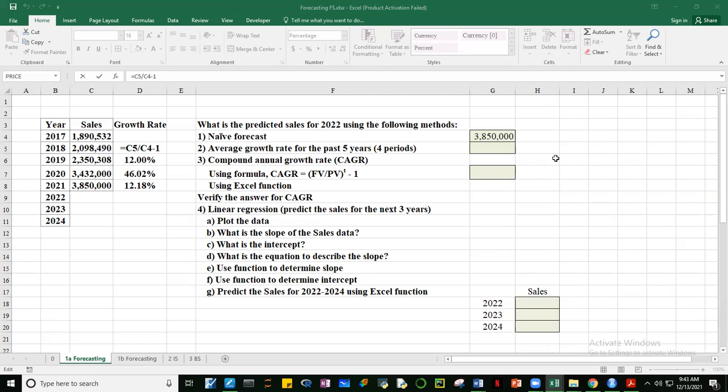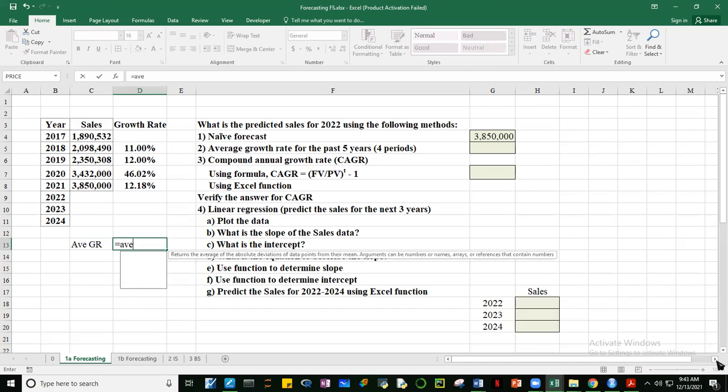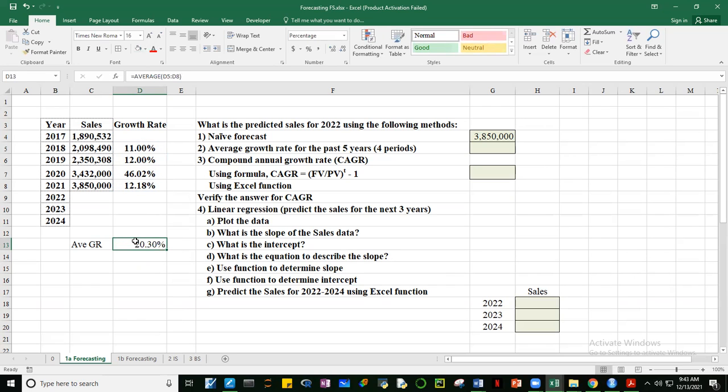Ayan, okay. So what we can do now is get the average. Let's compute for the average growth rate. Okay, so the average growth rate is simply the average of our previous growth rates. So the average growth rate is 20.30. So we can now use this average growth rate to predict our sales for the next period.